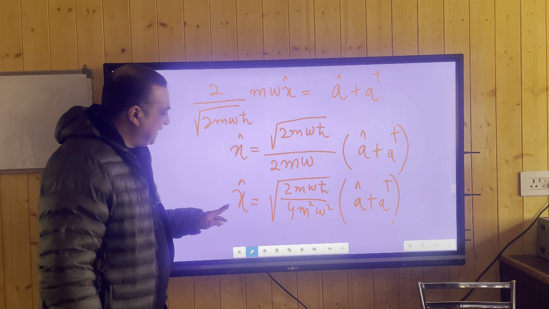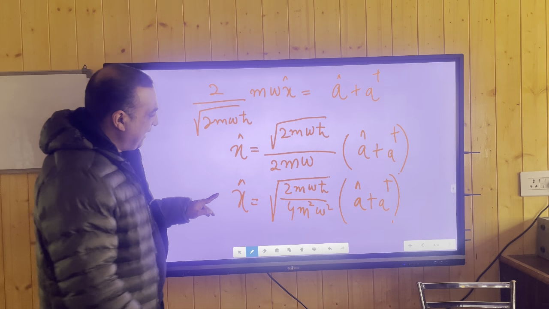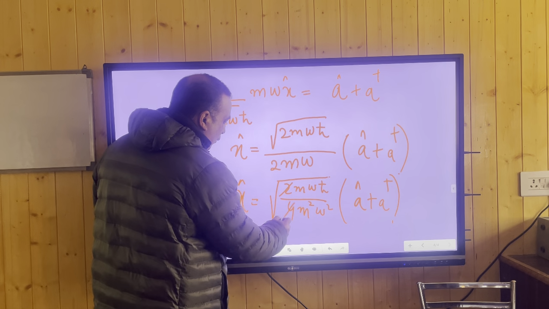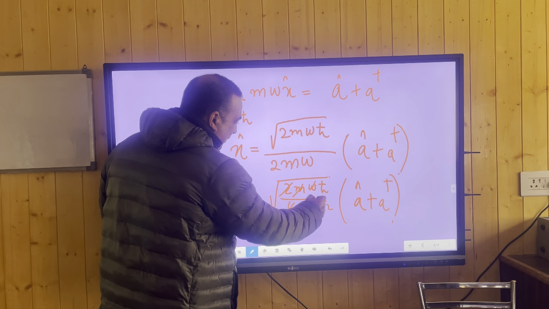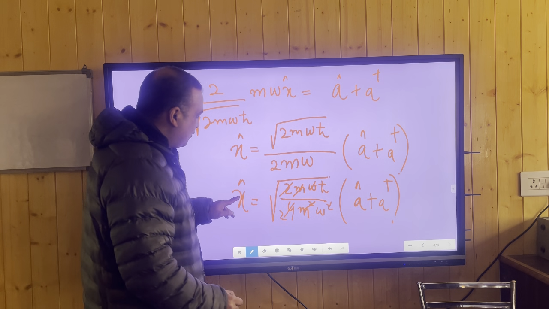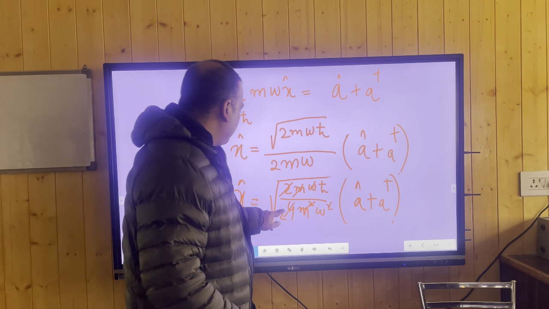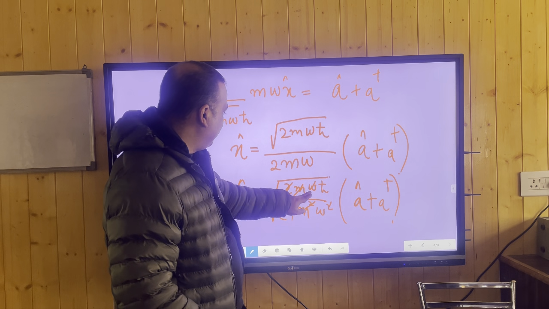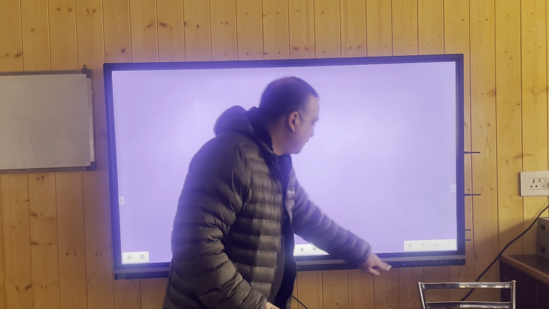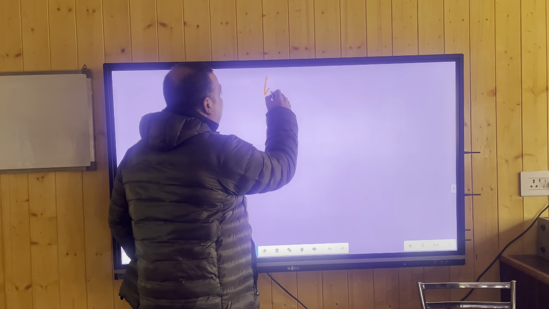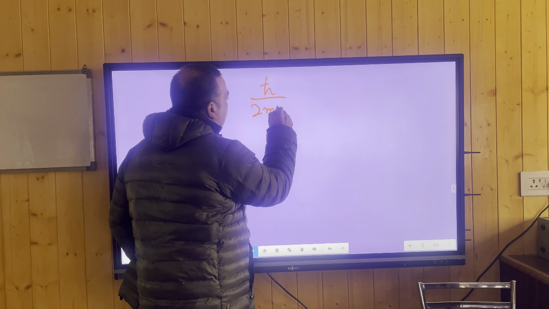Here you can see that we have calculated the position operator, and we can expect the cancellations. 2 and 4 will cancel, m and m square will cancel, omega and omega square will cancel. So for x cap we will be left with h bar by 2m omega.